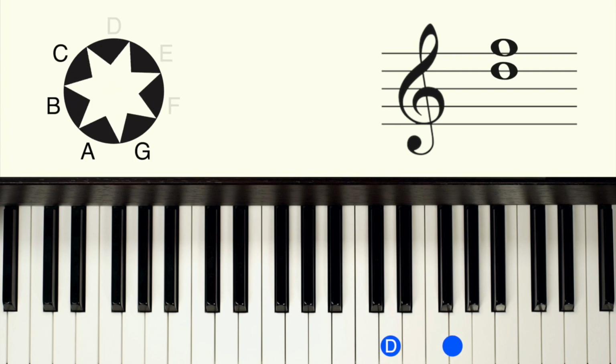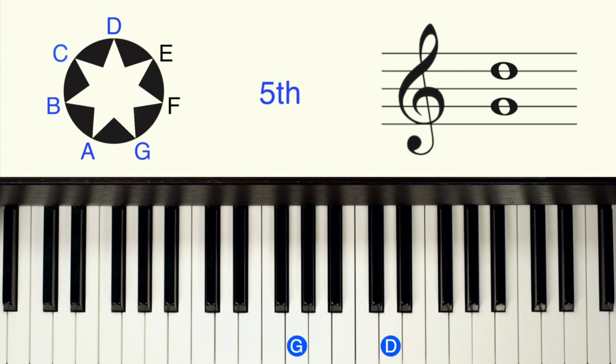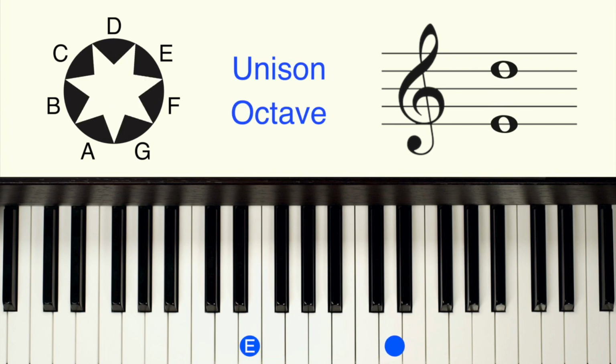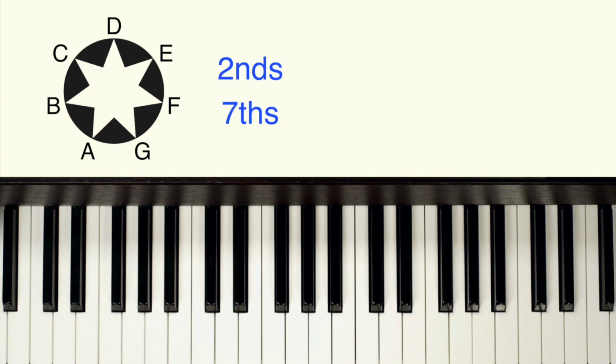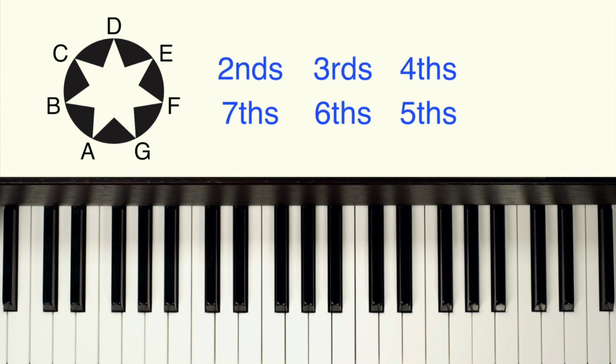D up to G is a fourth, but inverted, D down to G is a fifth. So fourths and fifths invert into each other. And finally, we see the same is true for the unison and the octave. So remember these pairs of intervals. Seconds and sevenths invert, thirds and sixths invert, fourths and fifths invert, and unisons and octaves invert.